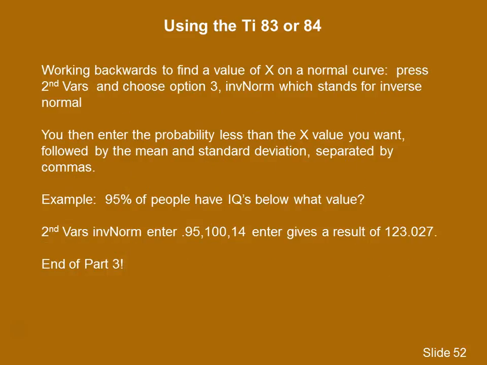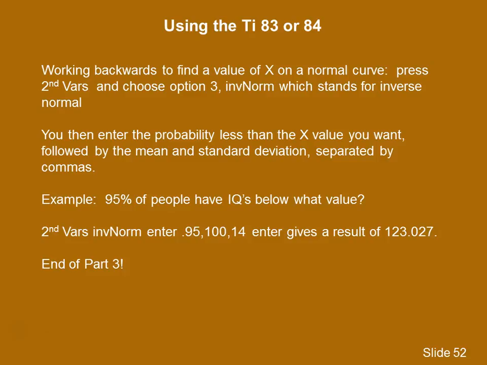What if you want to work backwards on the normal distribution to find a value of x? Well, we can do this also on your calculator. Press the second button, and again the VARS button, and the third thing down should say INV-NORM for inverse normal. This will allow you to find a value of the variable x rather than a probability.